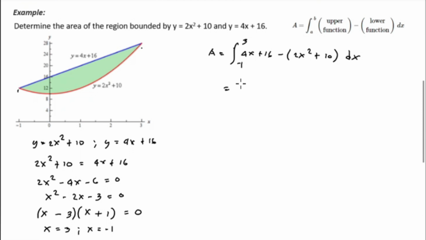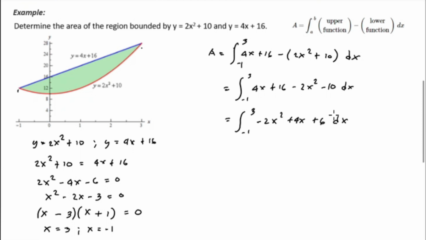So the integral from negative 1 to 3 of 4x plus 16 minus 2x squared minus 10 dx, which is negative 2x squared plus 4x plus 6 dx, and that's the time we can integrate.